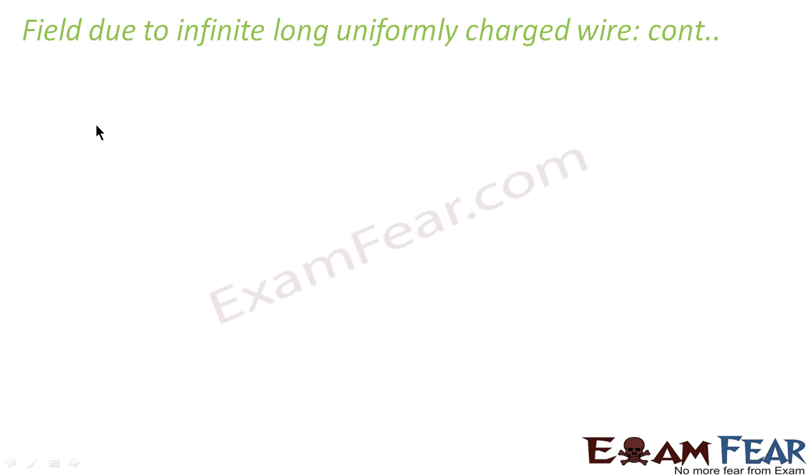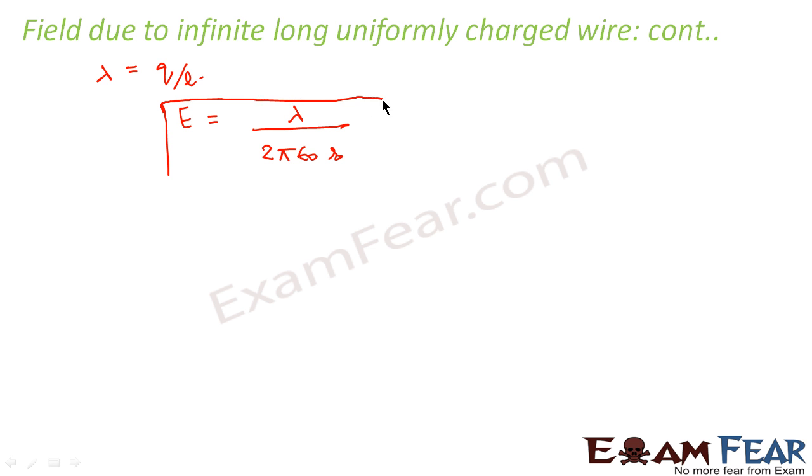Now since just now we have told that this wire is a uniformly charged wire, let us suppose that the linear charge density is lambda. So this lambda will be equal to Q divided by L, that is charge per unit length. Therefore using this we can write E is equal to lambda divided by 2 pi epsilon naught r. So this is the expression for electric field at any point for an infinitely long uniformly charged wire.